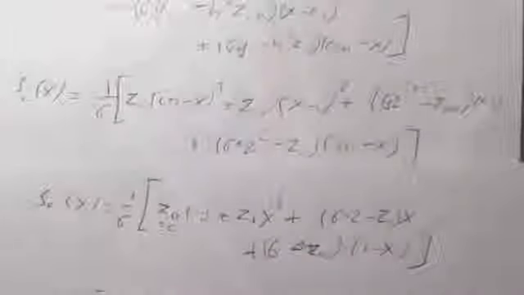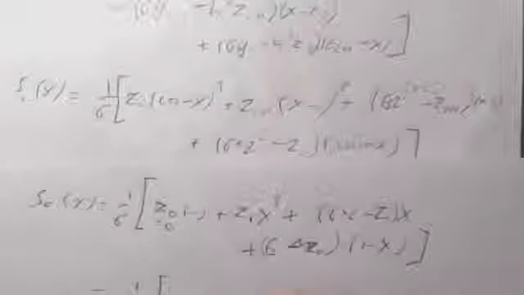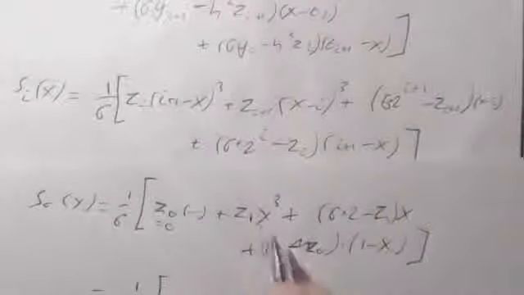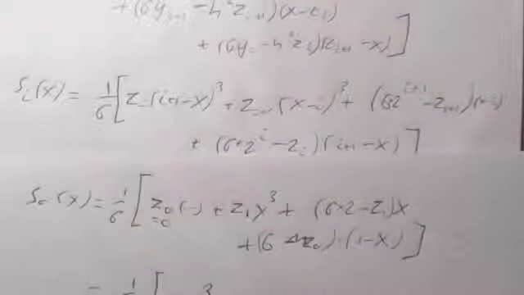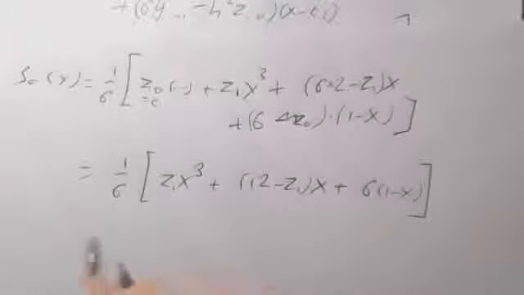That term is 0. So it's 1 over 6 of z1 x cubed plus (12 minus z1) x plus 6 (1 minus x). Oh, sorry, went off the screen there.